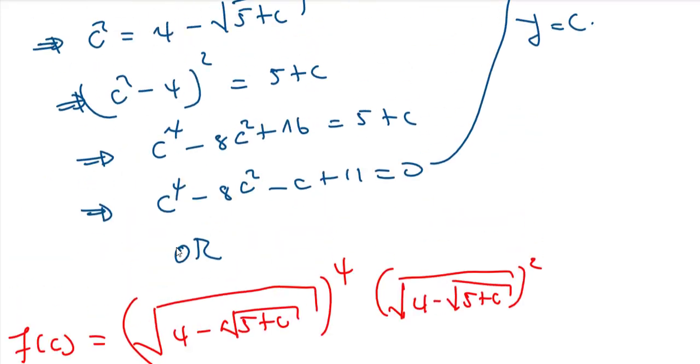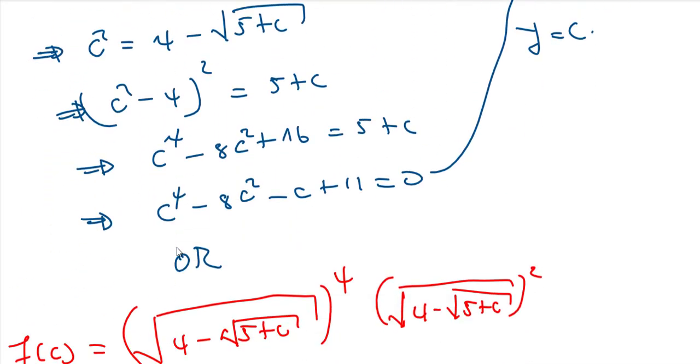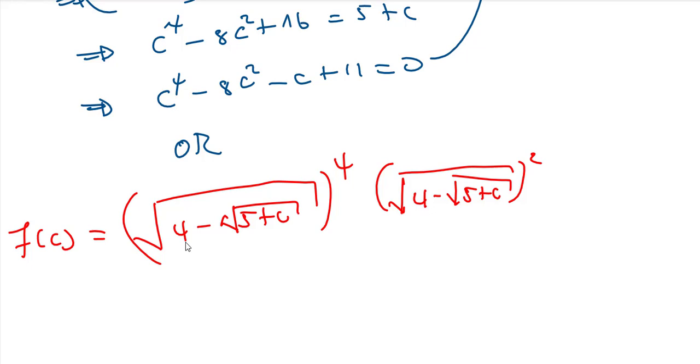There is no plus, it's minus there. So here we have minus, then minus c plus 11.